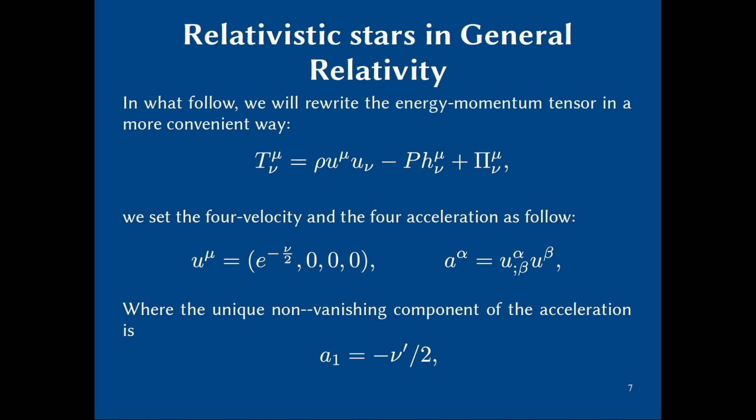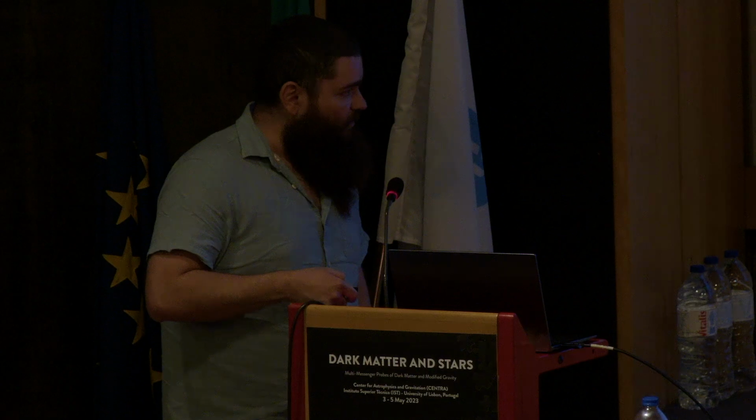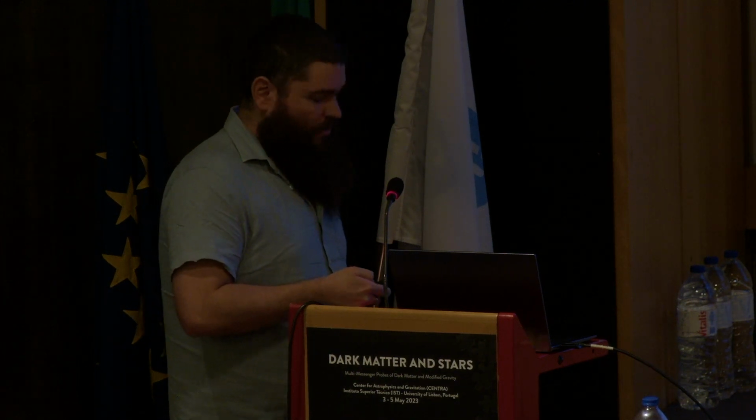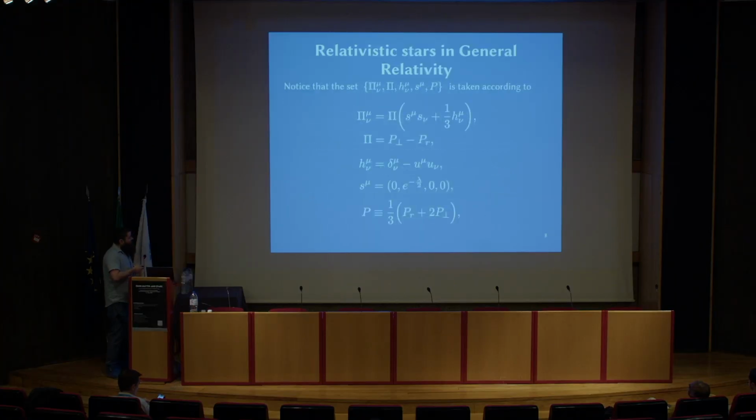You can take the four-velocity and four-acceleration in this way, retaining just this value. And with the help of these definitions, we can, in principle, rewrite the equations in a convenient way to easily apply the formalism and obtain the complexity factor idea.